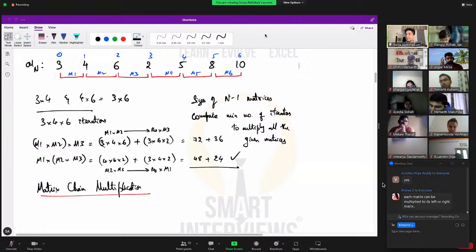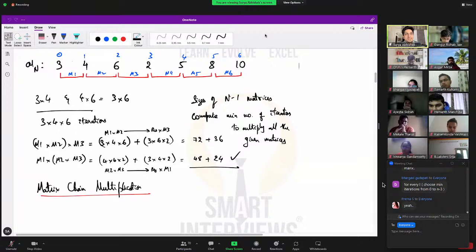The right result can be a multiplication of any number of matrices. For every i, choose many iterations from 0 to n minus 3. Okay, you have the right direction, but you did not choose the right data.